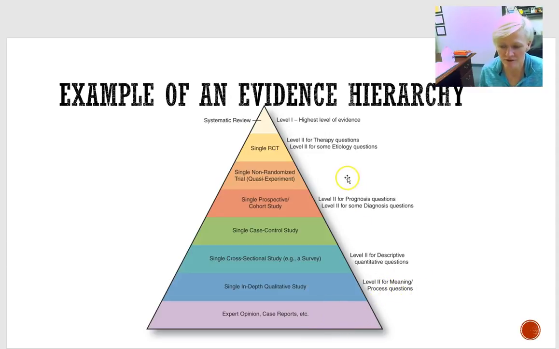But if you look over here on the side, it talks about, like, if you're looking for the meaning of something or process type questions, how does this work, then qualitative studies are actually level 2. So it depends on the question that you're asking, really, where these are ranked.